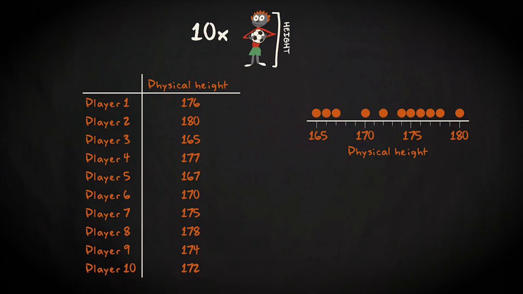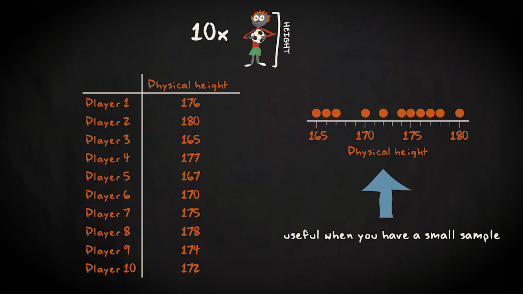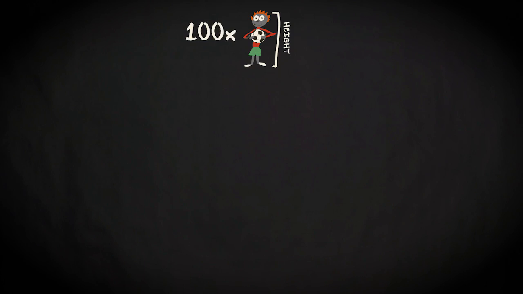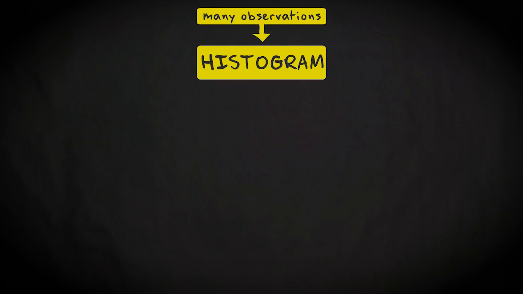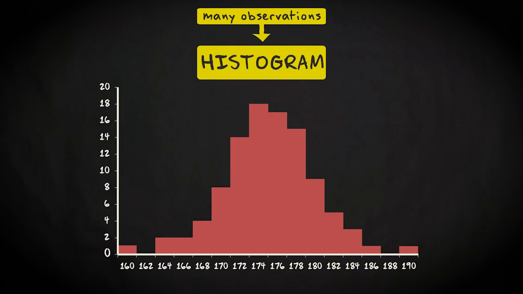That's it. You can imagine that a dot plot is useful when you have only a couple of observations. However, it becomes messy when you have a large sample. With a sample of 100 players, it would look something like this. If we have many observations, researchers therefore usually make use of another type of graph, the histogram. Here you see one.